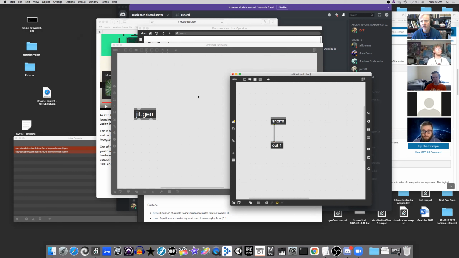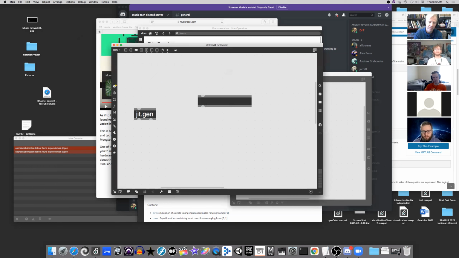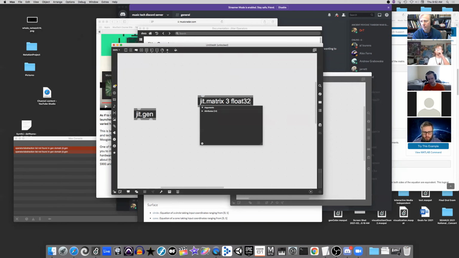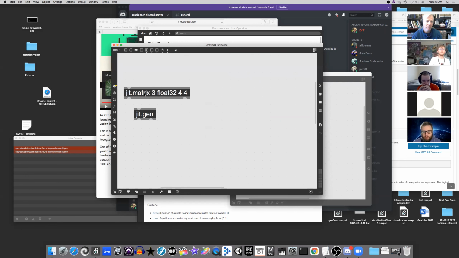Now, where it gives us those numbers is the confusing part of this. So jit.matrix, 3 planes now, because I'm talking about X, Y, and Z in dimensional speak. Float32 is almost the best way to work in all cases. And let's make it a 4x4 matrix.